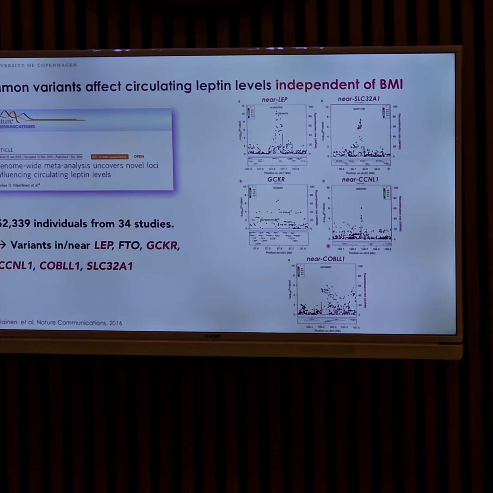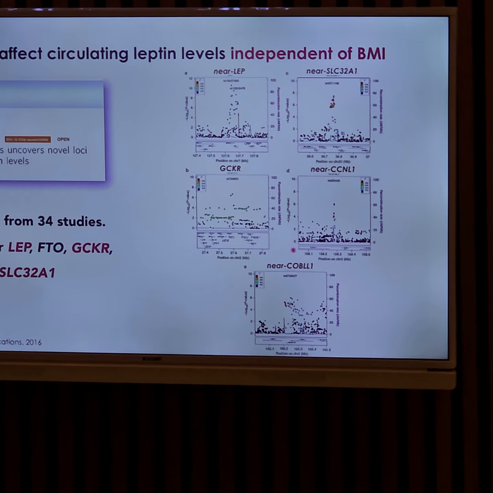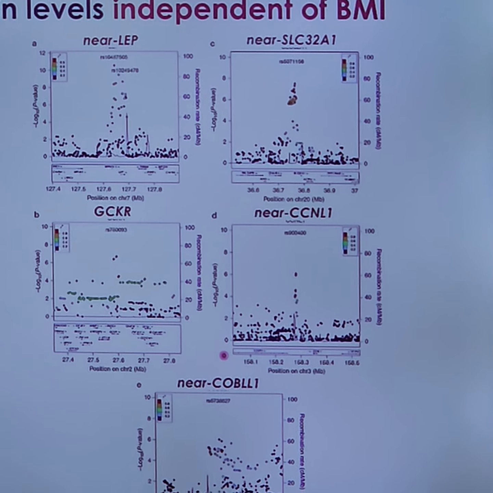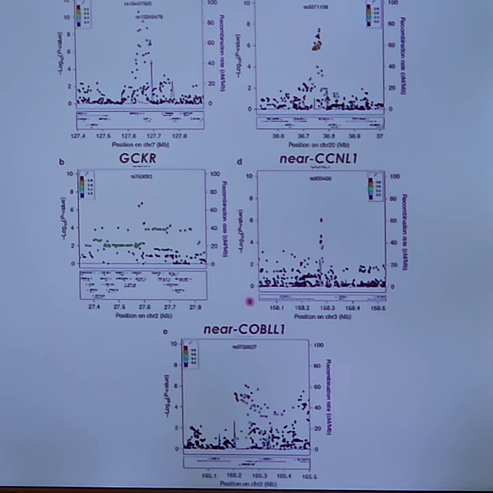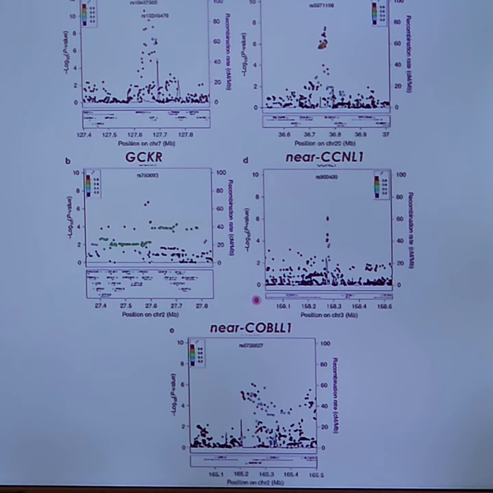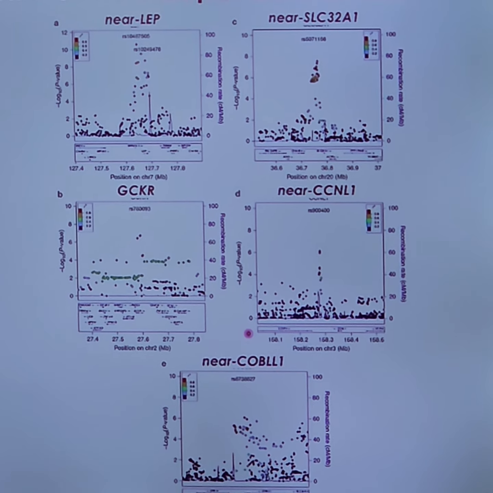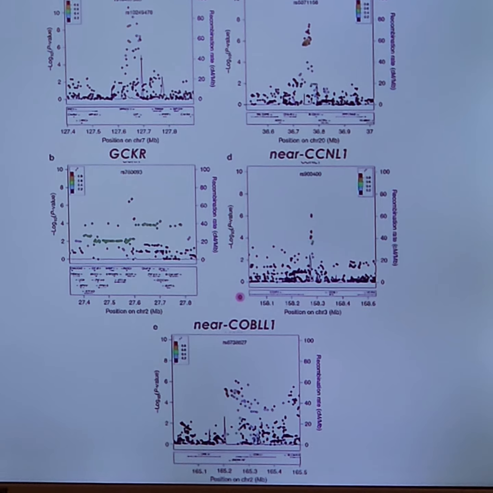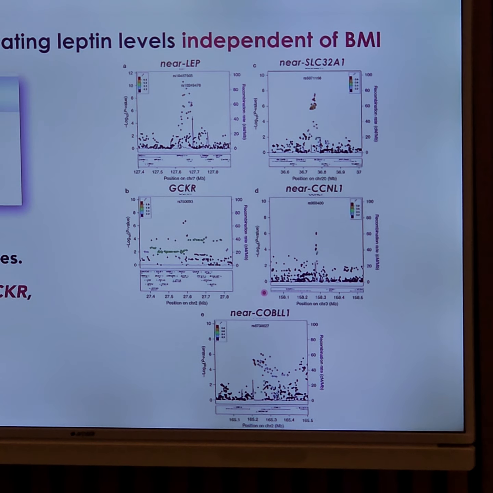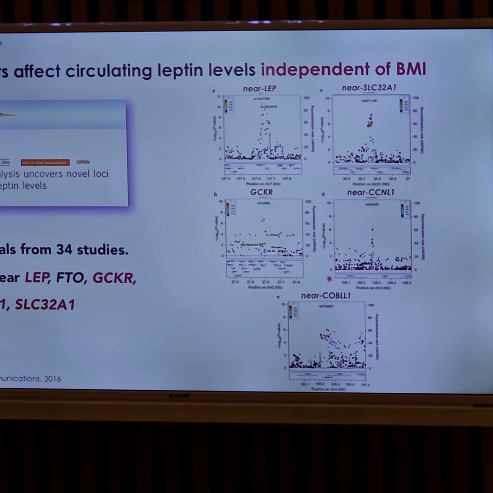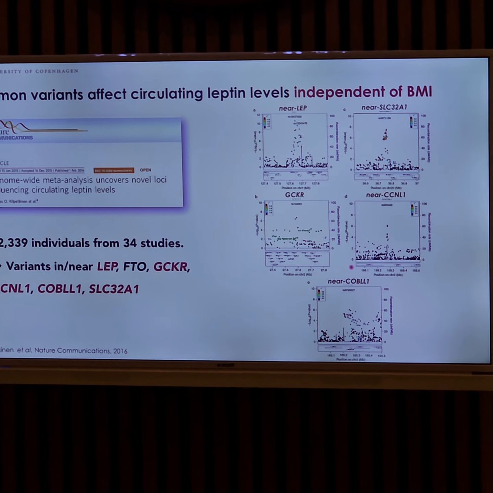So in a follow-up analysis, we tried to find the causal gene within the locus, because the nearest gene is definitely not always the causal gene. We first looked at whether these genes are expressed in adipose tissue, assuming that is the critical tissue when we think about leptin secretion.